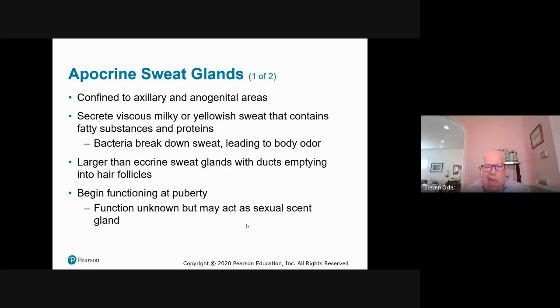And when bacteria break down the sweat, you then have body odor. Okay? The apocrine sweat glands really don't work until you reach puberty. So the majority of the sweat glands that you have are merocrine sweat glands. And then as you get older, you develop apocrine sweat glands, which give you body odor.